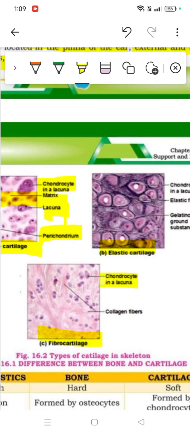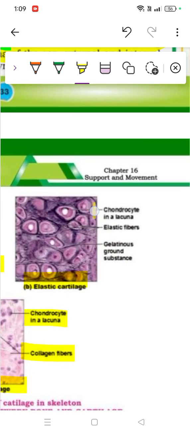Here again chondrocytes in lacunae, and in fibrocartilage the word tells us there will be something related to fibers, so here they have collagen fibers. Then comes the other, chondrocytes in lacunae with elastic fibers. Elastic cartilage also tells you there is something related to elastic, so they have fibers known as elastic fibers, and the space between them is called gelatinous ground substance. So I hope it is clear.